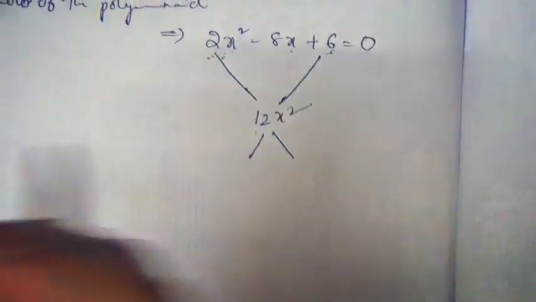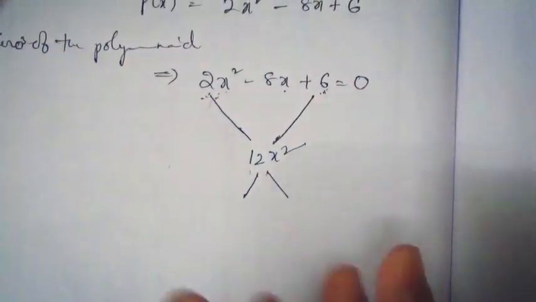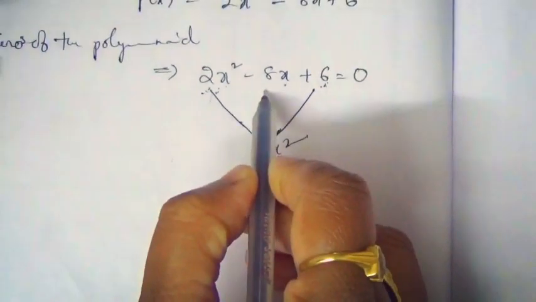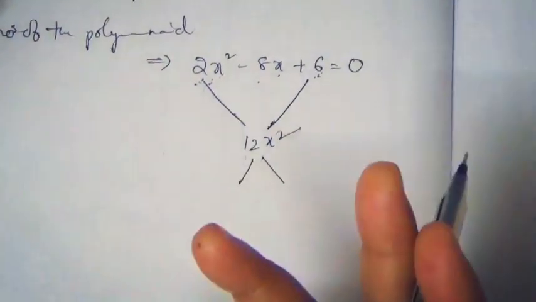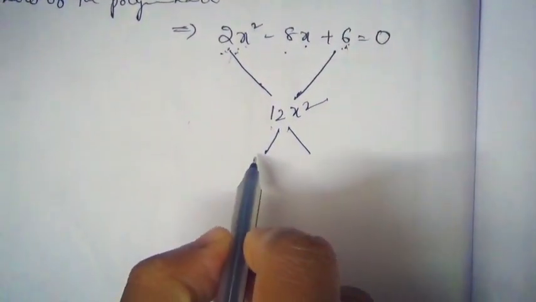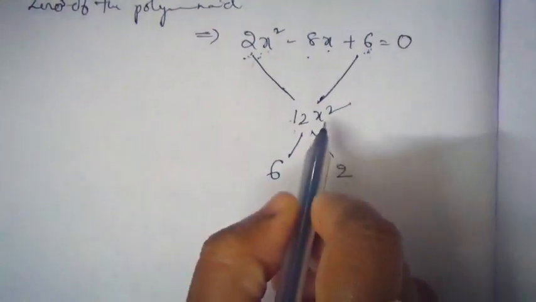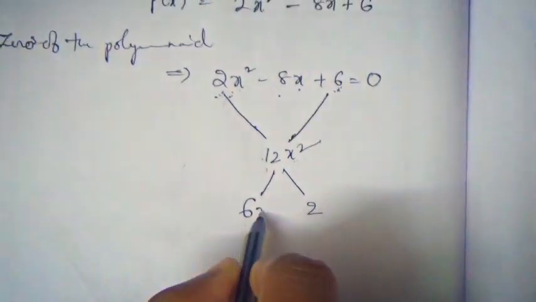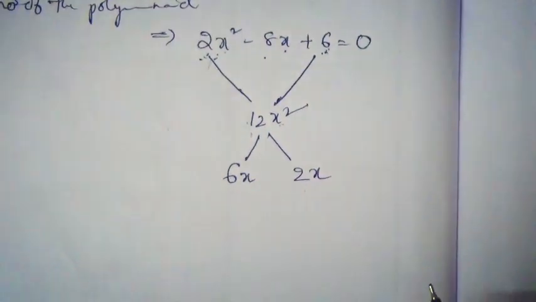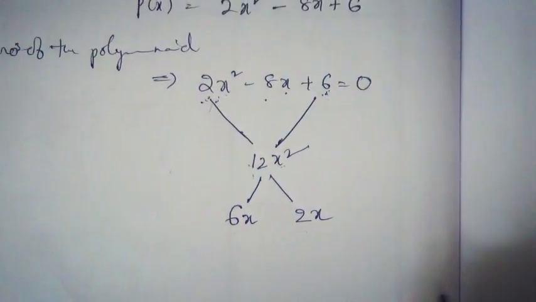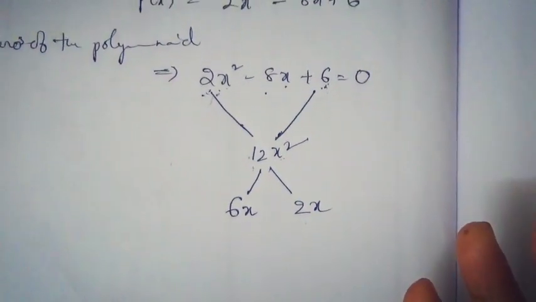We have to find two numbers that multiply to give 12x square and whose sum gives minus 8. What numbers do we have to take here? 6 twos are 12, and x into x.